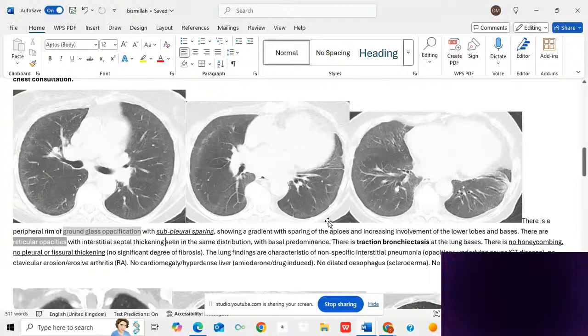Also, the opacifications, either the ground glass or the reticular opacities, will show a kind of gradient.